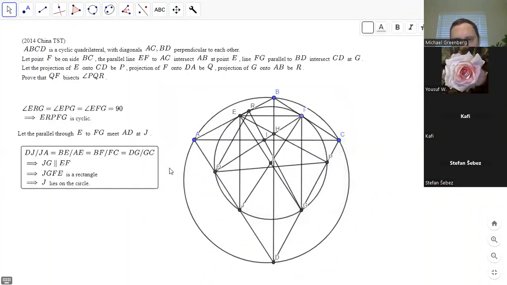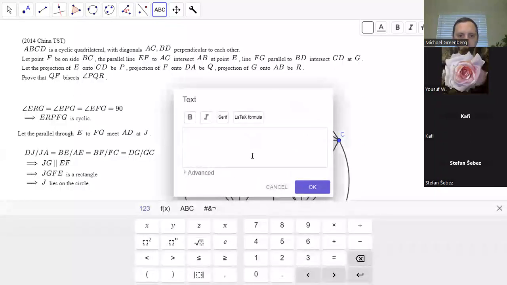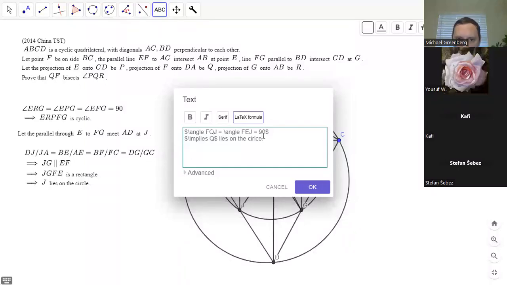So because angle FQJ equals angle FGJ, which equals 90, Q lies on the circle.